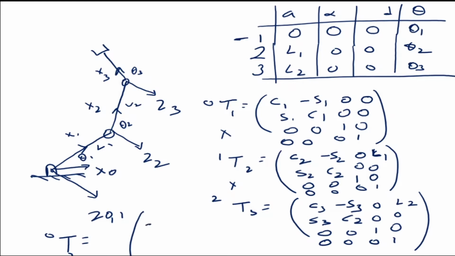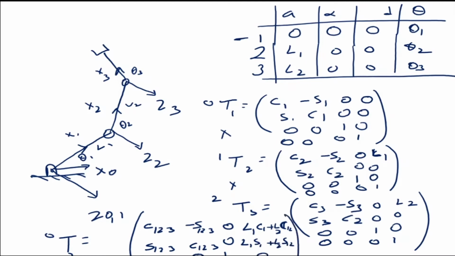What we are going to get is cos θ123, minus sin θ123, 0, L1 cos θ1 plus L2 cos θ12; sin θ123, cos θ123, 0, L1 sin θ1 plus L2 sin θ12; 0, 0, 1, 0; 0, 0, 0, 1. Please refer to the previous classes, where I derived it very slowly and showed how we get this matrix. This is the final matrix T0 to 3, which gives the relation of the third frame with reference to the 0 frame.